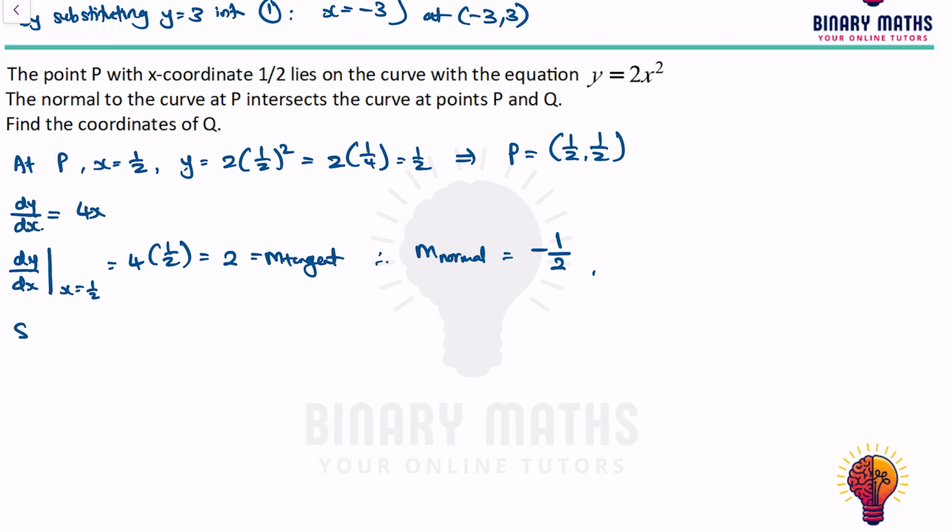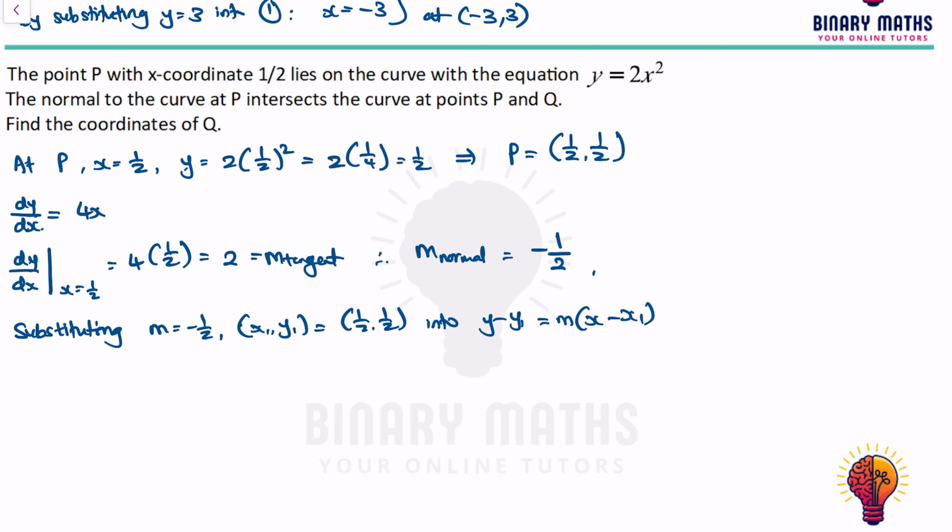Okay, substituting m is equal to negative a half and (x1, y1) is equal to (a half, a half) into y minus y1 is equal to m times x minus x1.